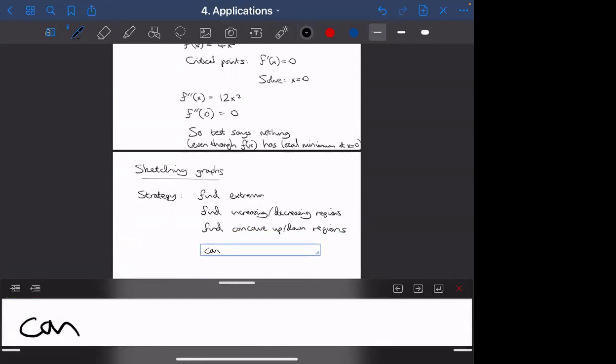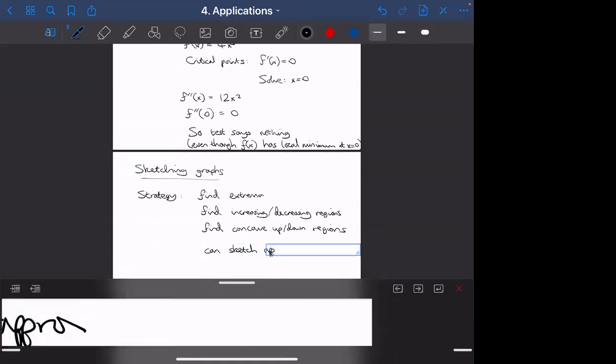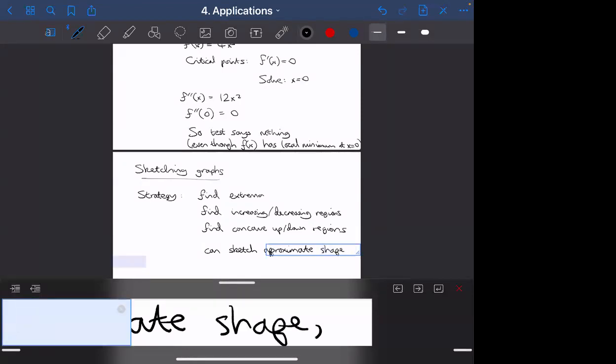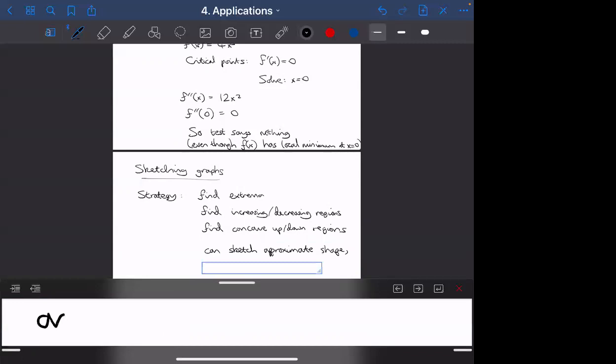And then we can sketch the graph and fit between known points.